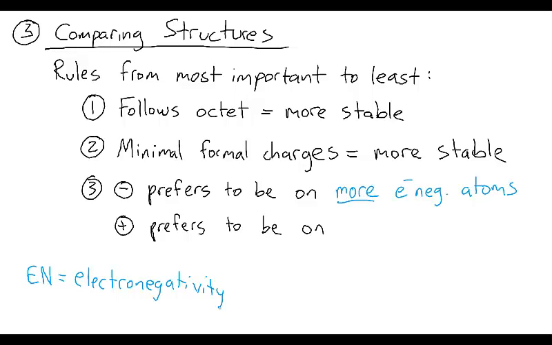Since more electronegative atoms pull more strongly on electrons, they're less likely to take on a positive formal charge. I think of them as getting really angry when they have to take on a positive formal charge. Like oxygen gets a positive formal charge and it's kind of angry: I'm oxygen, how dare you do this to me? Whereas nitrogen is a little less angry to have the positive formal charge. So positive formal charges prefer to be on less electronegative atoms.